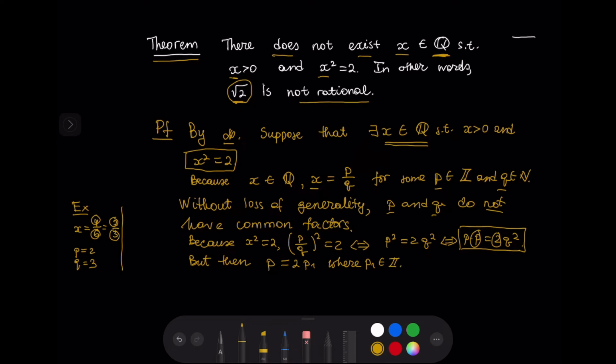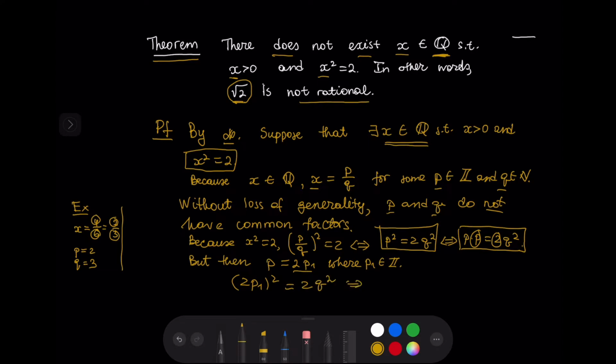All right, so then we can plug in p equals 2p1 into this equality right here. So we have (2p1) squared is equal to 2q squared.